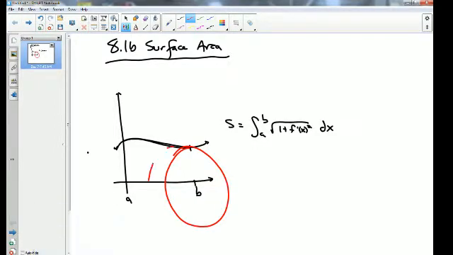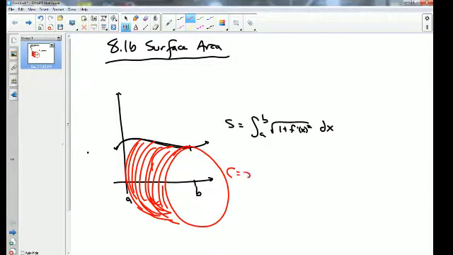Well, we have a very similar thing here, wherein we're just calculating surface area. So we need the circumference of the circle this time, right? The question is, what's R?